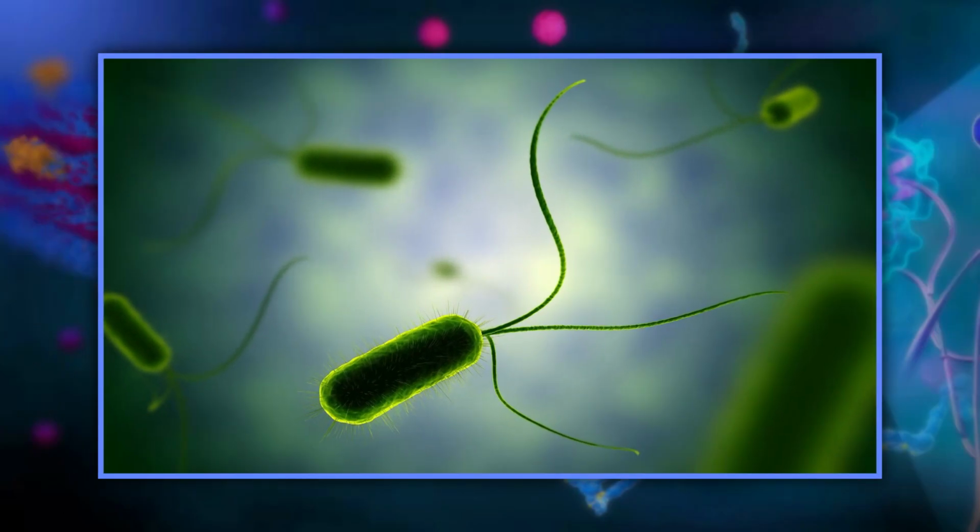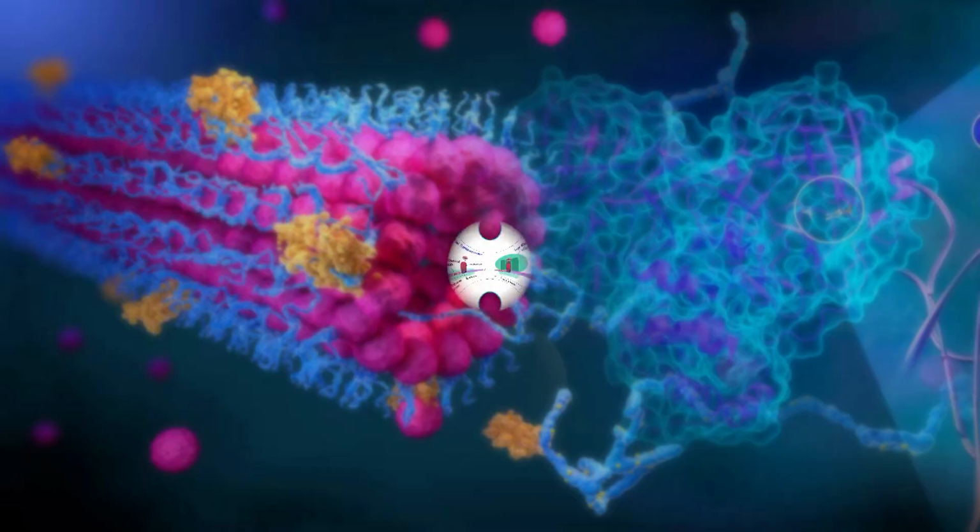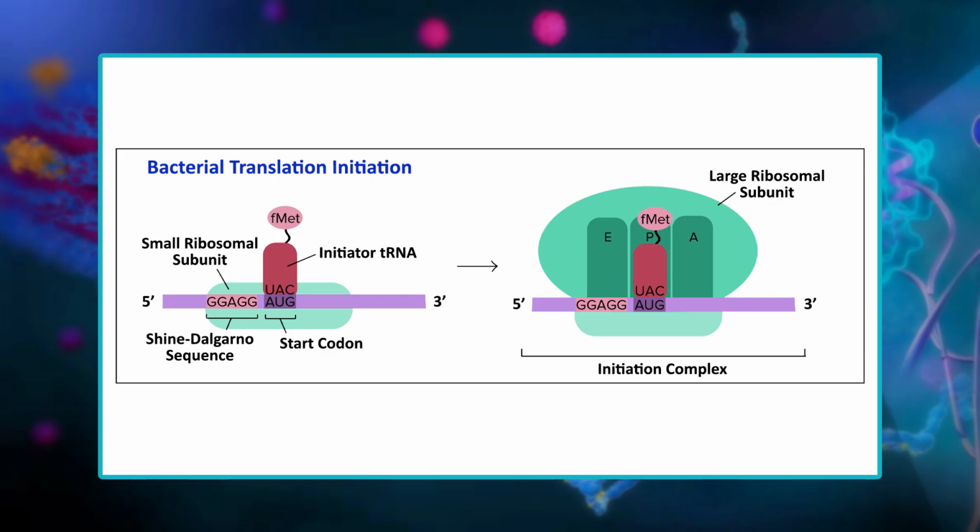In bacteria, the situation is a little different. Here, the small ribosomal subunit does not start at the 5' end of the mRNA and travel towards the 3' end. Instead, it attaches directly to certain sequences in the mRNA. These sequences come just before the start codon and point them out to the ribosome.